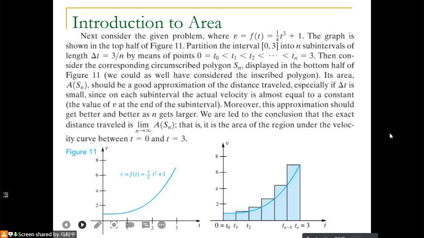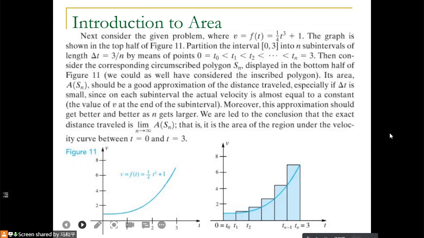And so next, we consider the given problem where v is 1 over 4 t cubed plus 1. The graph is shown in the top half of figure 11. Here is the graph, y equals 1 over 4 t cubed plus 1.